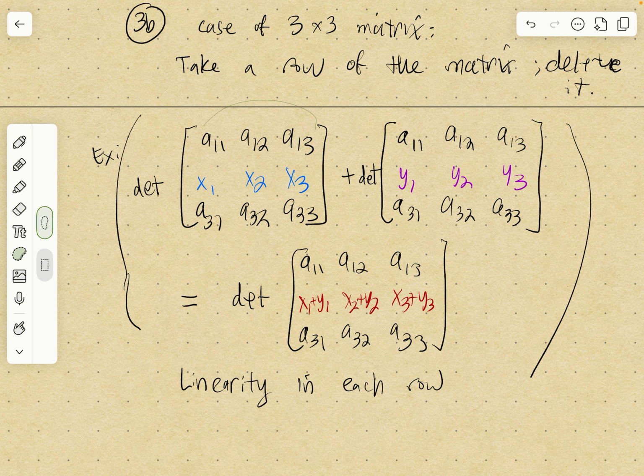Now notice that this matrix plus this matrix doesn't equal this matrix. What I'm saying is that the determinant of this matrix plus the determinant of this matrix equals the determinant of this matrix.